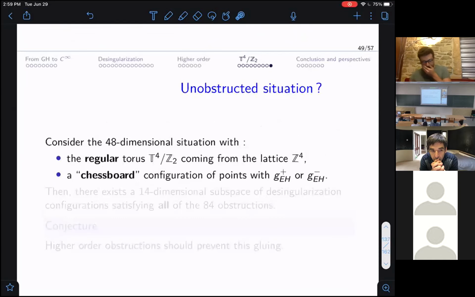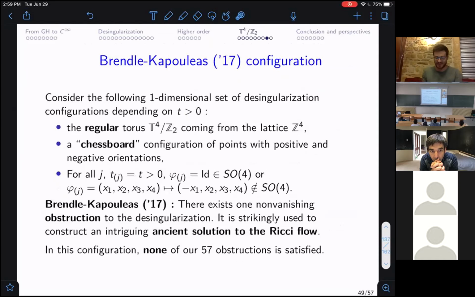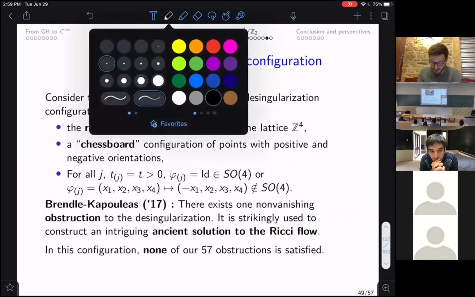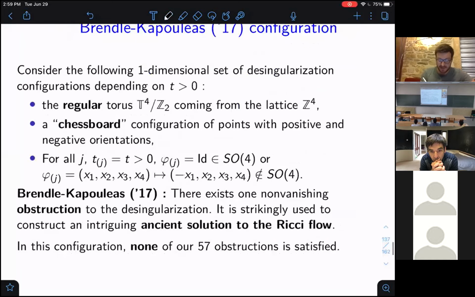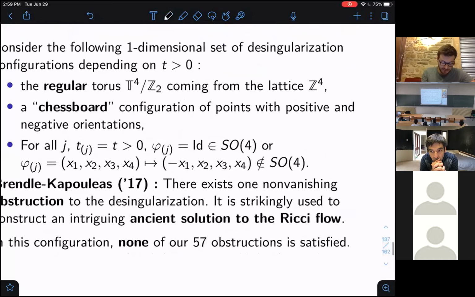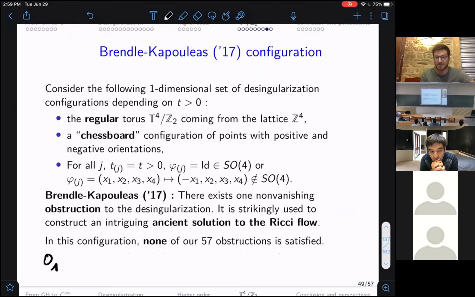So how we find a Ricci flow is a bit complicated here, but let me try to say something. The obstructions when you are gluing are really elements of the kernel of the linearization of Einstein for Eguchi-Hansen. What's important to note is that there is this O1 obstruction, which is in the kernel of the linearization of the Eguchi-Hansen metric.